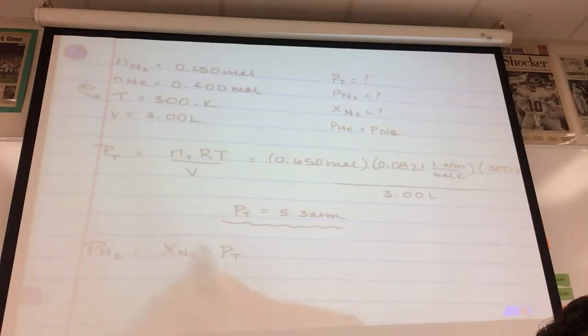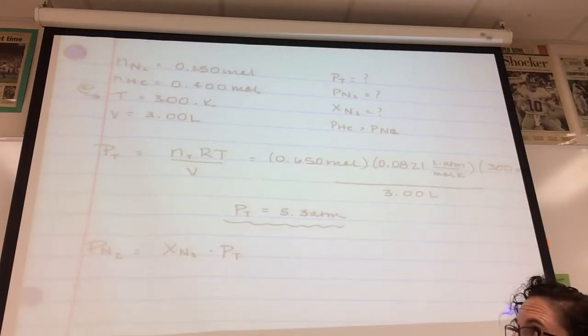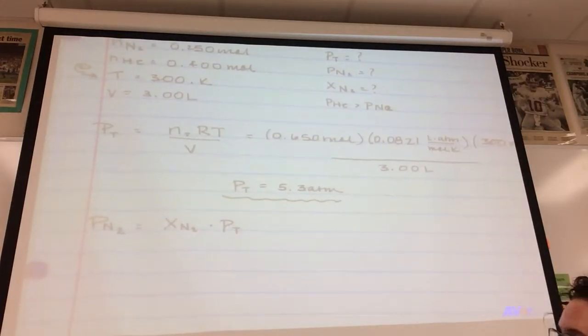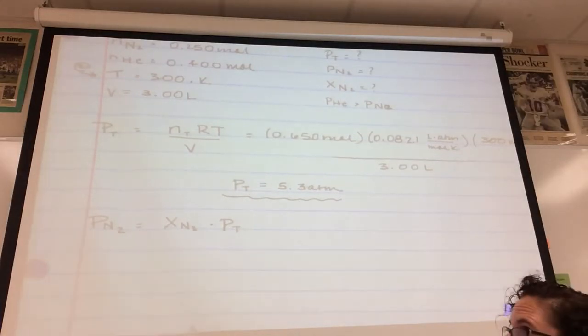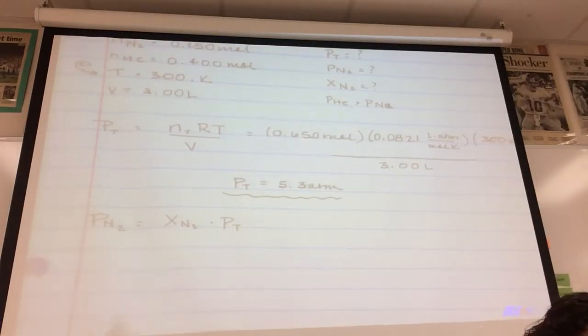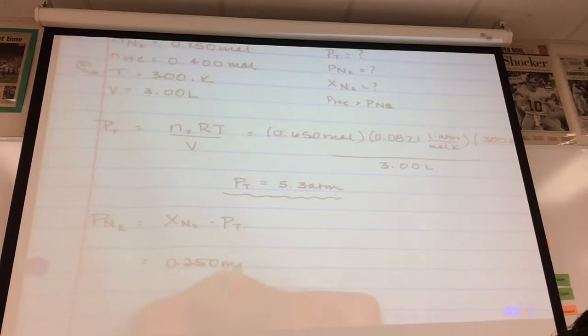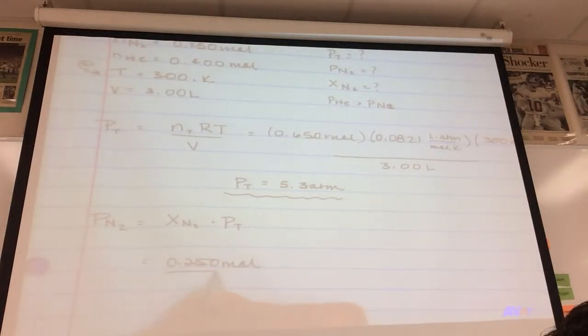So how do we get the mole fraction of the nitrogen gas? Go ahead, Sam. You take the moles of the nitrogen gas that's given over the moles of the solution, which we found out before, which is 0.650.